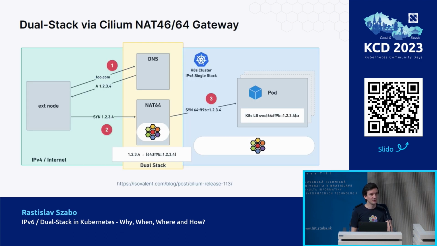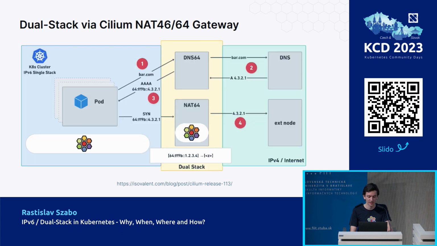This is just an example in case you opt for not enabling dual stack in your cluster. You can still leave your cluster on single stack and use something like the Cilium NAT46/NAT64 gateway for doing the translation for you for all the ingress or egress traffic. This is a feature that is available in Cilium since release 1.13.